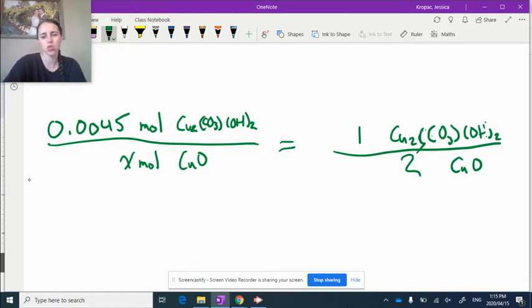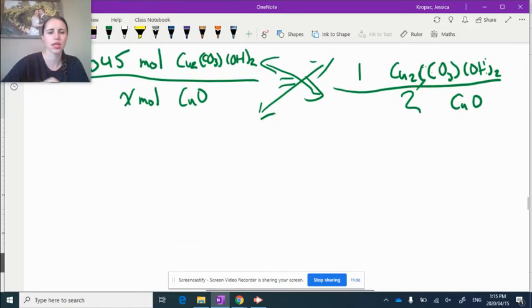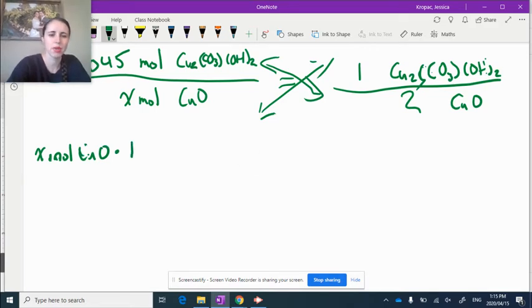Our next step is to cross multiply. So I'm going to multiply this way, and I'm going to multiply this way. To cross multiply, that means I'm going to have X moles of copper oxide, and that's going to be multiplied by 1 mole of Cu2CO3(OH)2.